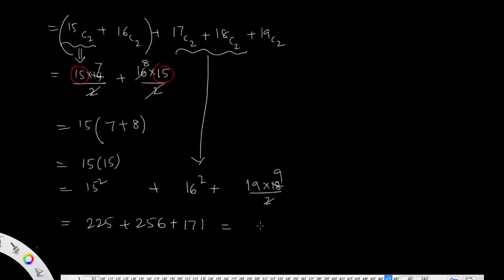So the total value is 685. The option is also given. Yes, 16 square 19. Okay, 225, 256.